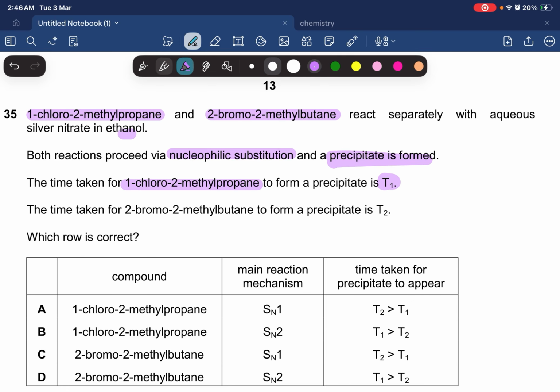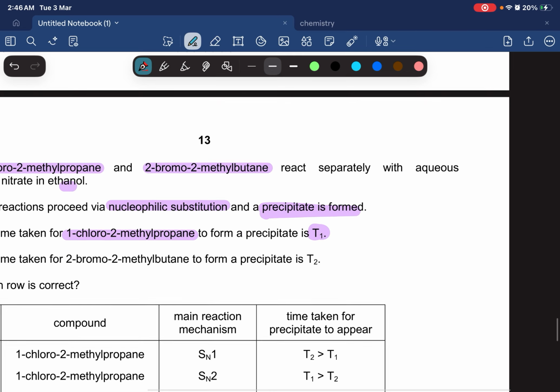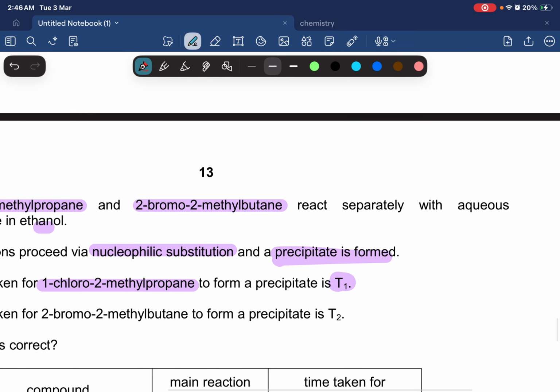So let's just draw it instead of reading out the names again and again and making yourself feel bad. So it's propane in the main chain, 1, 2, 3. Then it's 2-methyl and 1-chloro. Well, you can see that's a primary halogenoalkane.